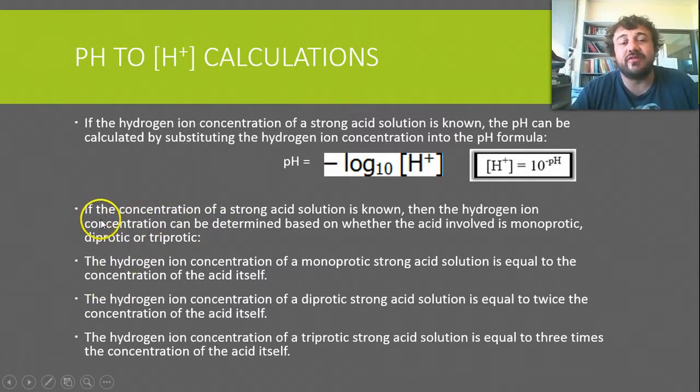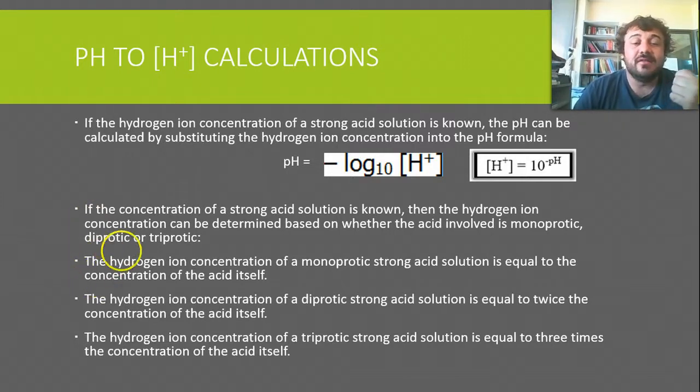So if the concentration of a strong acid is known, then we can work it out pretty much. But we need to know whether the acid is monoprotic, diprotic, or triprotic. Okay, so hydrochloric acid is a monoprotic one. So the concentration of the hydrogen ions is equal to the concentration of the acid itself.